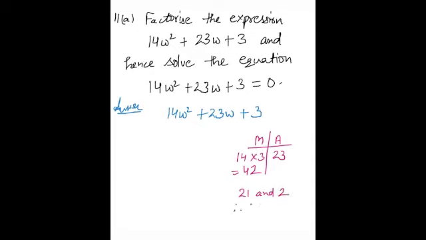Therefore when we add them, 21 plus 2 gives us 23, and when we multiply them, 21 times 2 gives us 42, which are the requirements in the multiply and addition method.